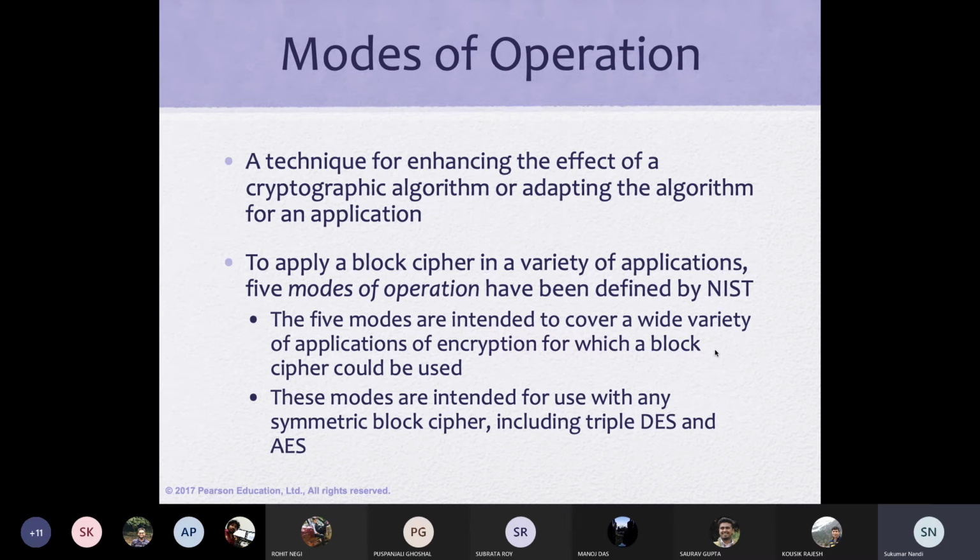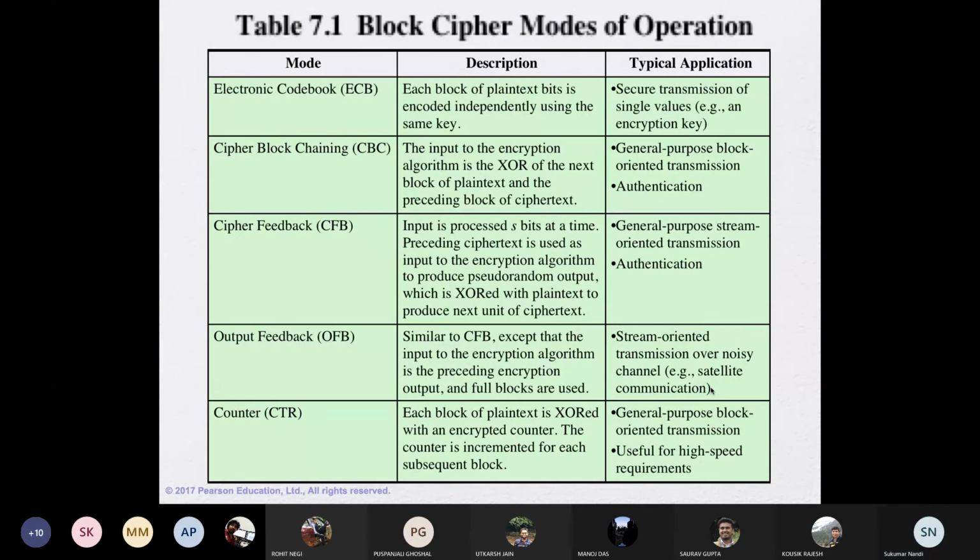NIST, as I mentioned, we are dictated by American standard. NIST, National Institute of Standards and Technology, US, came up with 5 modes of operation, where they mentioned that any symmetric block cipher, including DES and AES, can be utilized in 5 modes.